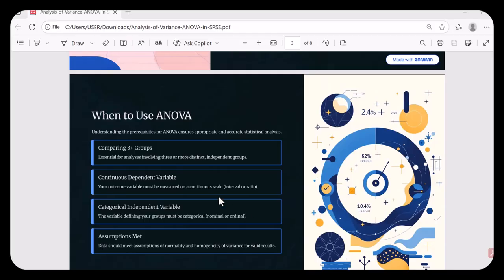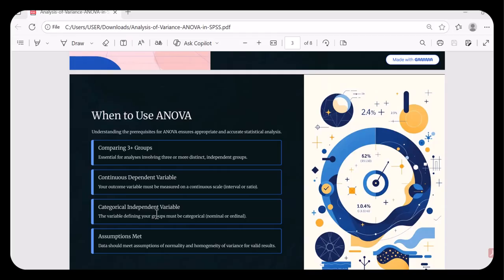So the categorical variable, which is the independent variable when we are running ANOVA, must be either ordinal or nominal. For instance, gender is not suitable in this part of the world.